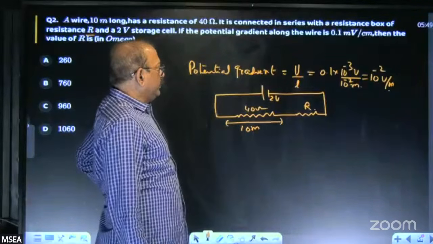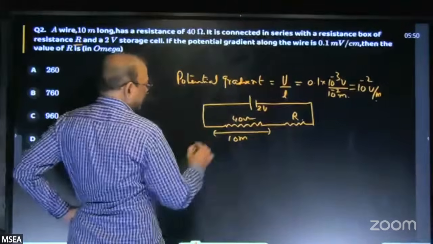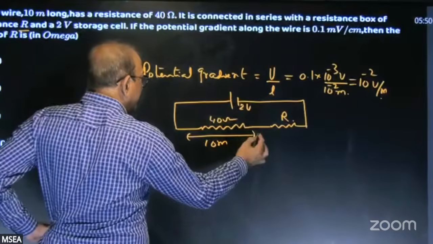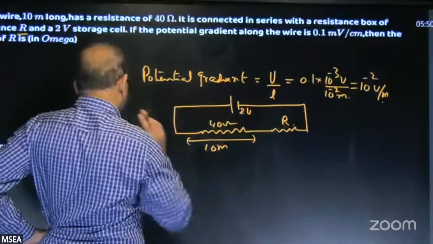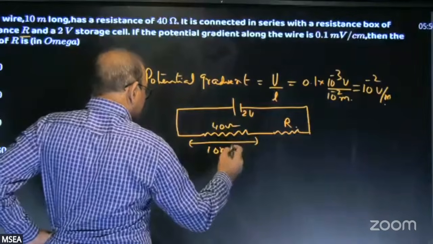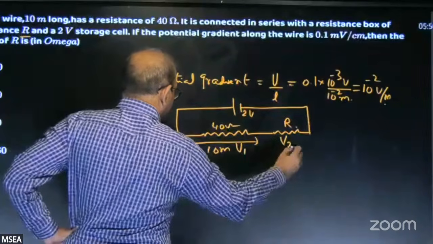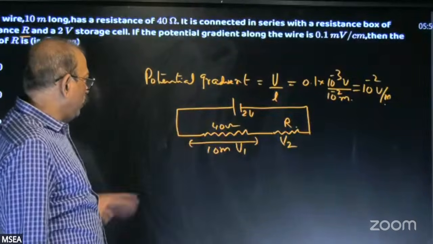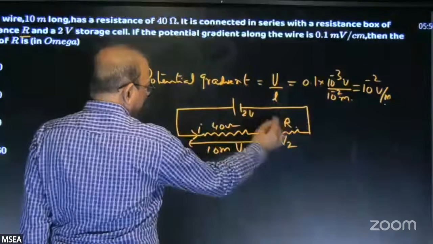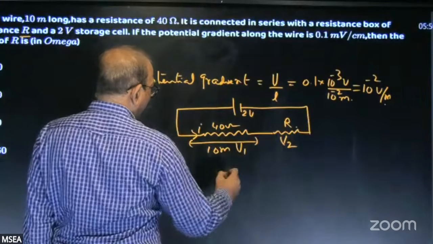That is the potential gradient. I want the total potential. See, when two resistors are in series with a cell, those two resistors will share that potential difference, V1 and V2. You have to use the potential divider rule. Current is the same in series, the same current will be there in both.